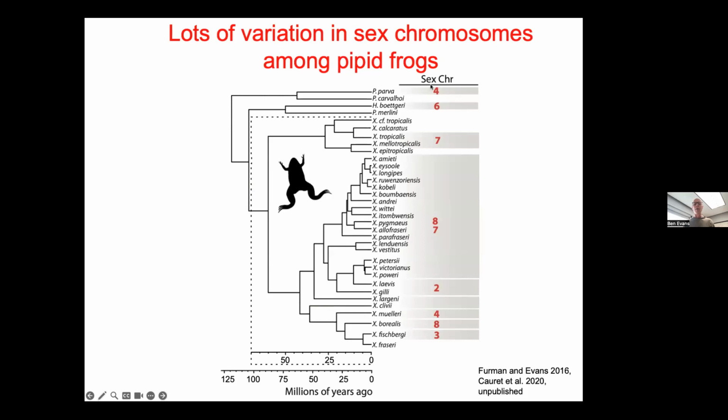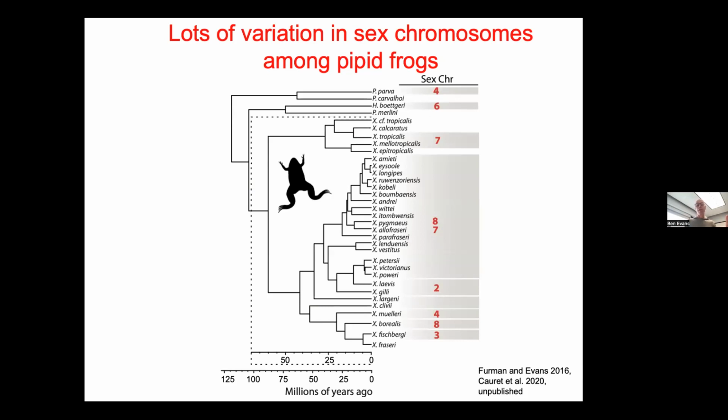And so this is just a simplified depiction of some of the chromosomes that we've mapped in these different species. And you can see among these, within the genus, for example, there's at least 7 separate sex determining systems. And some of the same chromosomes have been co-opted multiple times independently to become sex determining regions or sex chromosomes in these different species.